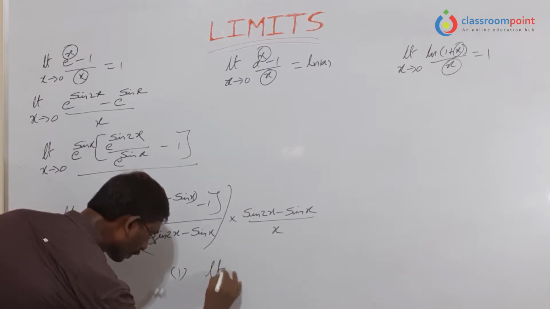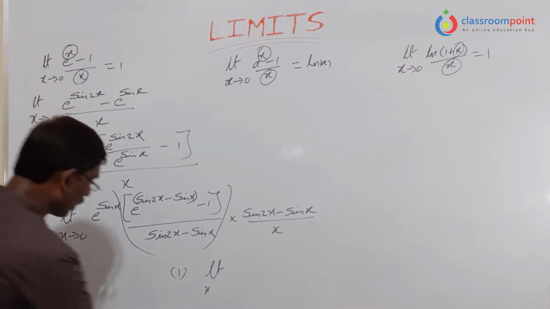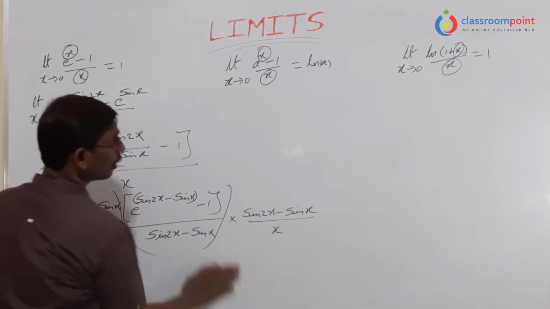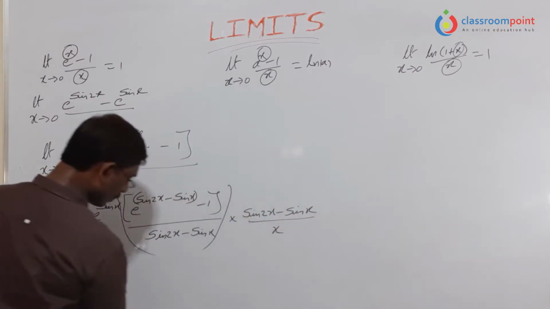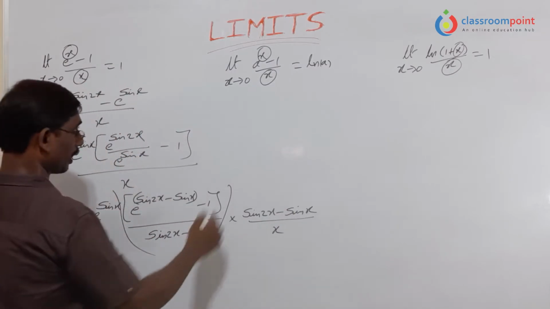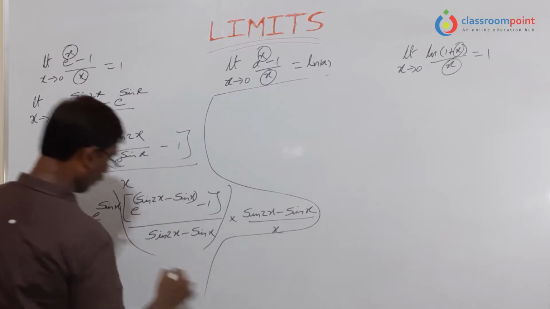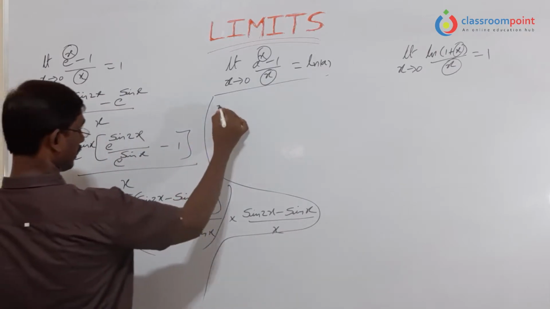What is the remaining here? Limit x tends to 0. For this one continuation, this is totally 1.